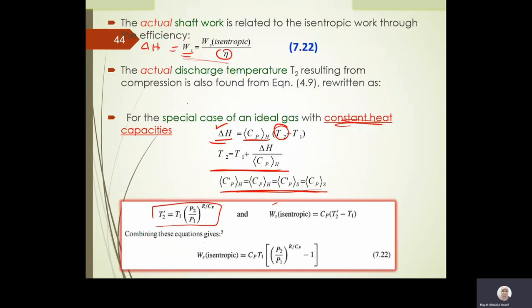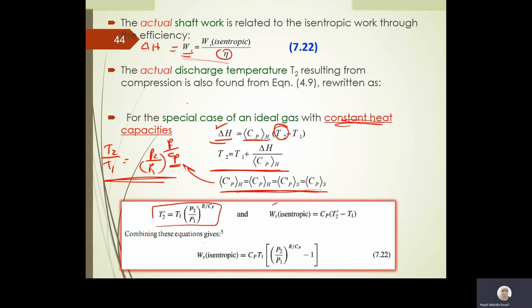Takes us back again to chapter 3, when I said when it is constant heat capacity, T2 over T1 is equal to P2 over P1 all to the power R over CP. We already mentioned that before. And that CP doesn't matter whether it is CP mean H or CP mean S, because it was constant heat capacity. So did you understand why in chapter 3 we accepted this equation, regardless of what is that CP?